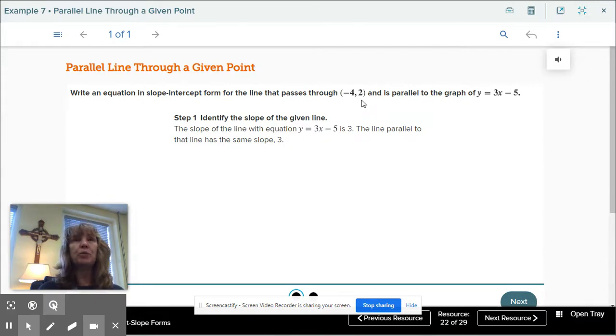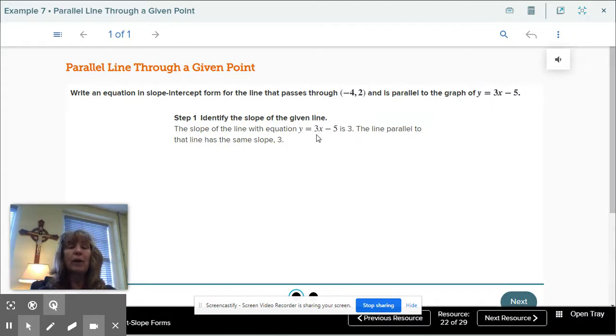And the slope-intercept form equation is y equals 3x minus 5. The question is, identify the slope of this line. You know in our studies that the slope is always with the x. So you know the slope is 3.